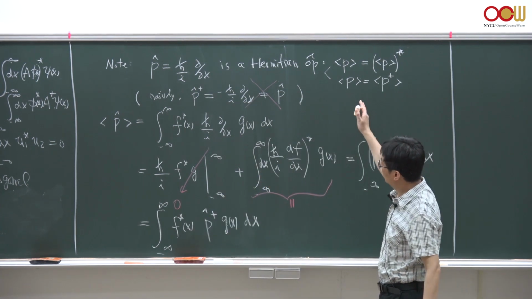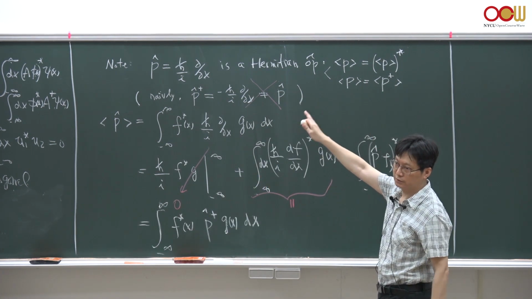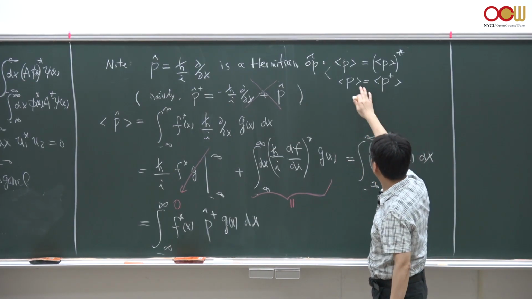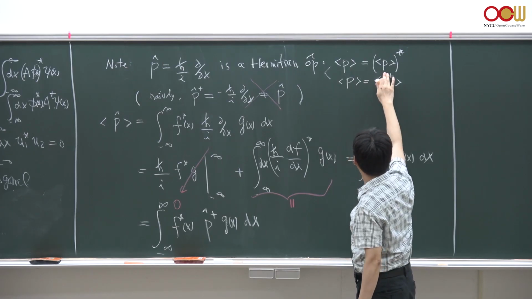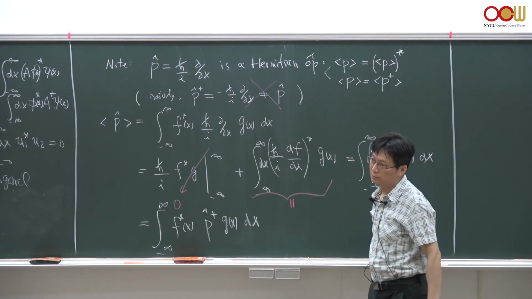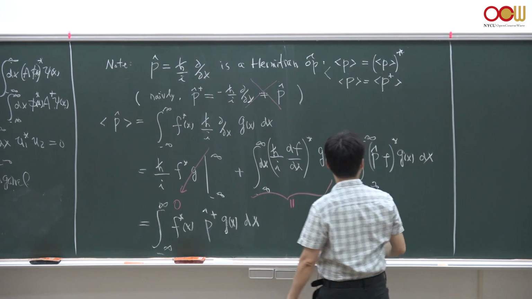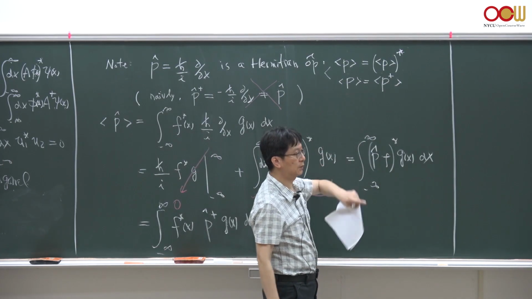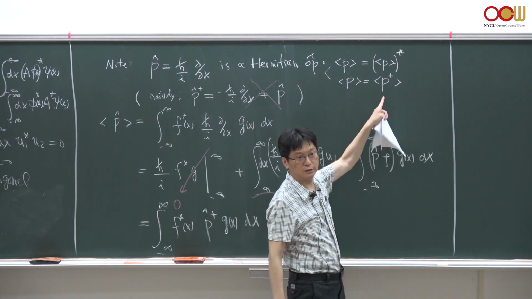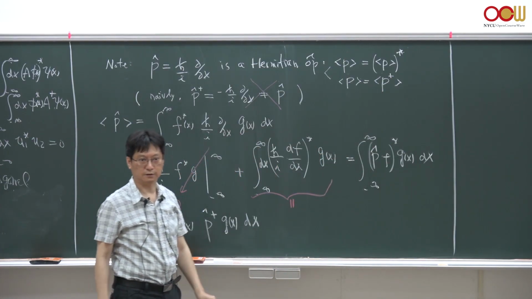We will show that this momentum operator is a Hermitian operator, meaning the expectation value of this momentum operator is the same as the complex conjugate of the p expectation value, meaning the momentum average is the same as the expectation value of p dagger.